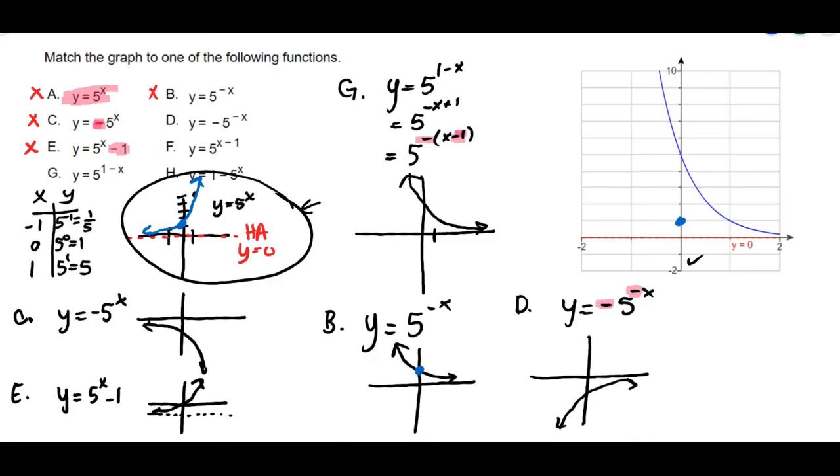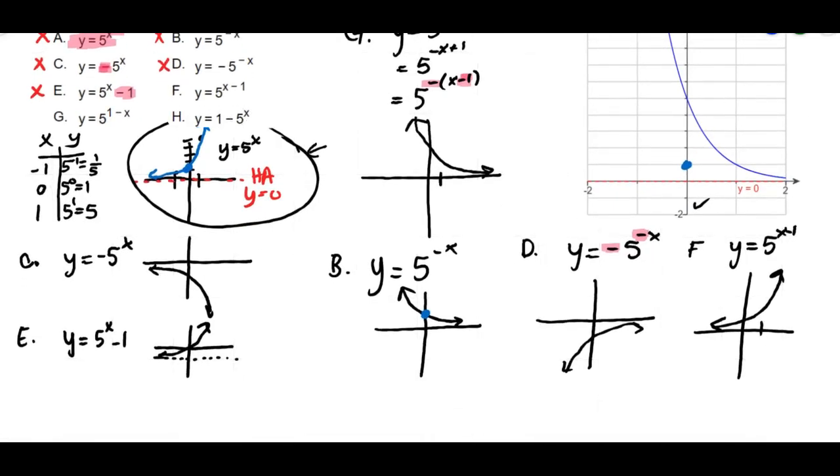So that's not the right picture. Answer choice F, y equals 5 to the x minus 1, that would shift to the right. And that's not the right answer choice.